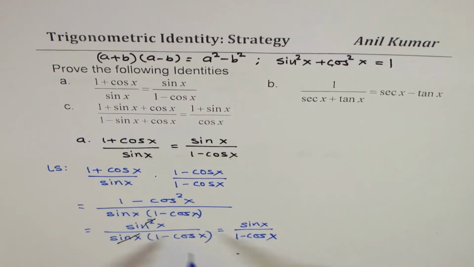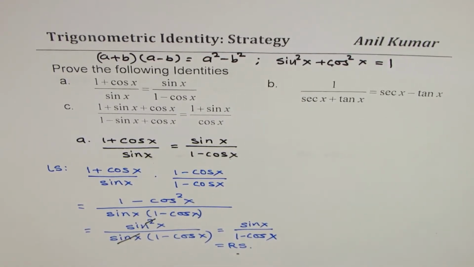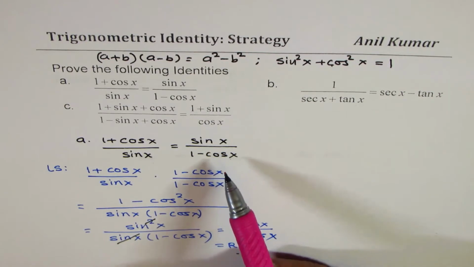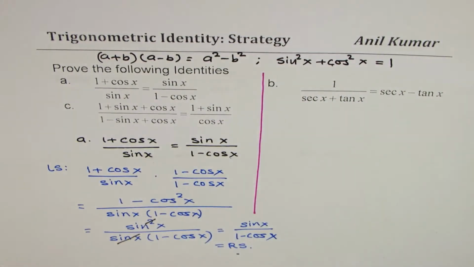So we have shown that the left side is equal to the right side. So I hope you understand the strategy, and I appreciate the strategy which we have applied here, right? So the strategy here is to multiply and divide by a factor which you need, right? So that is what we did here.